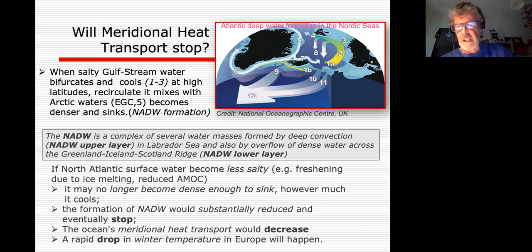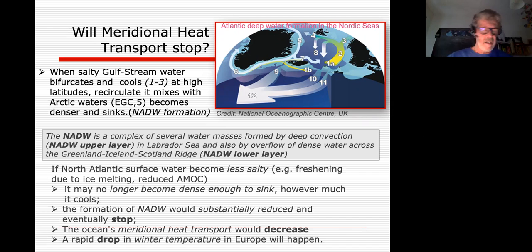Obviously the ocean-atmosphere exchanges will not be so effective in keeping Scandinavia and Northern Europe as warm as they are used to. The stopping mechanism most probably is an extreme scenario.